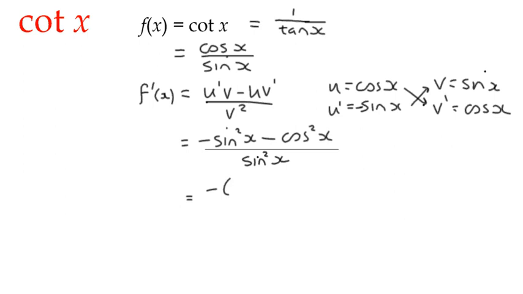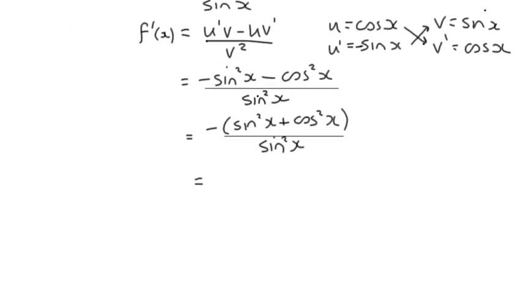We'd actually have the same arrangement here if we take out a common factor of -1, because that allows us to simplify that again. Sine squared x plus cos squared x is 1, so it's -1 over sine squared x.